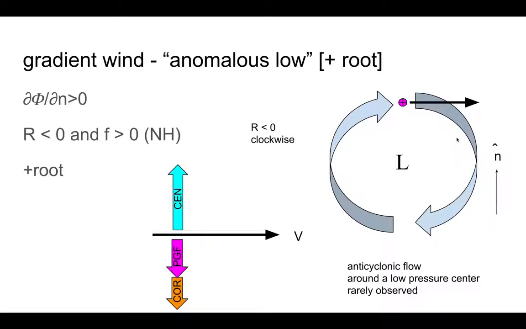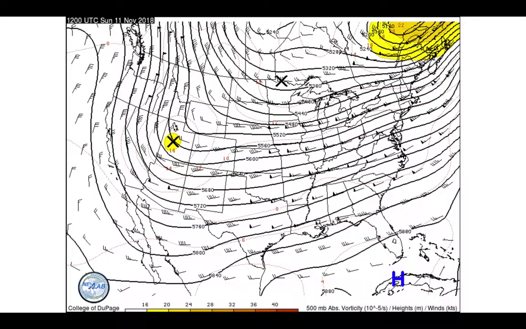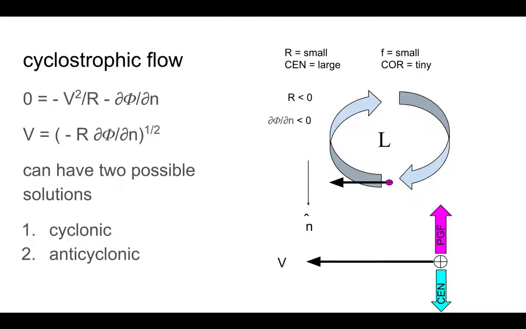And this is rarely observed. We typically don't see this clockwise circulation around a low, but it's at least physically possible. And similar to the cyclostrophic example, where we could see that anticyclonic rotation around a low center.